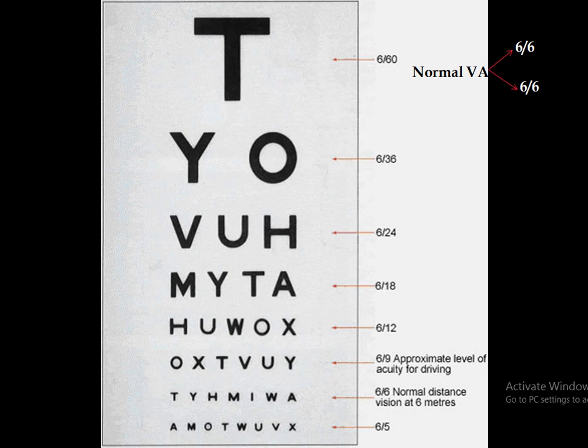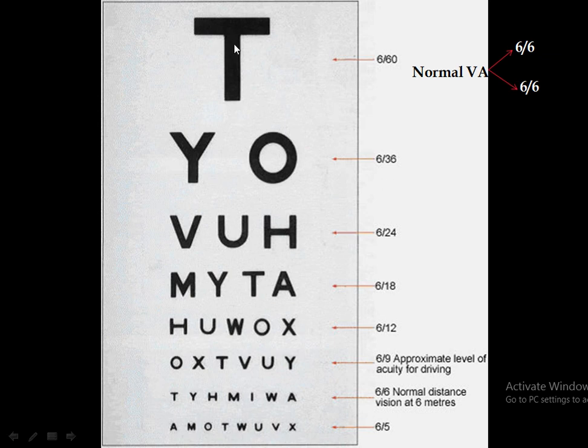Now this is the chart, kept at 6 meter, while the second digit you can see changes because of the acuteness of the vision at the specific distance.